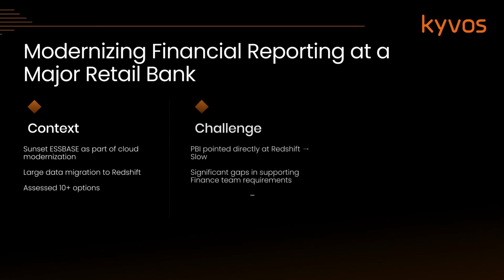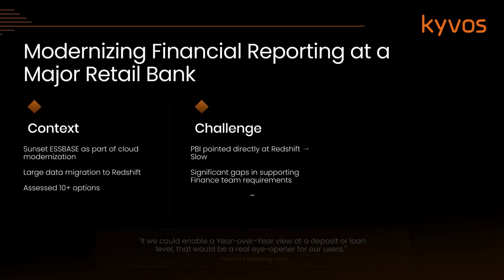Let's take Power BI, let's point it directly at Redshift, and it just wasn't fast enough. On top of the performance, it had those gaps that I was talking about with the finance teams, where they have a way that they need to work, and you can't power your way around that, right? You can't ramp up compute your way around that. So that was the challenge when we got into the discussion.